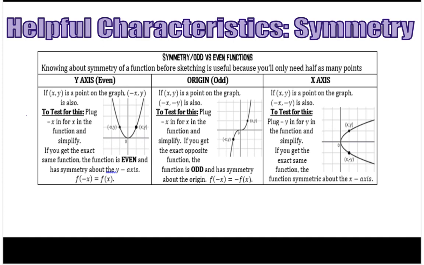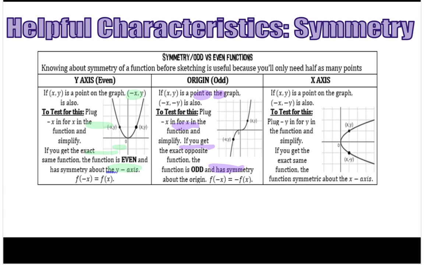So just as a reminder, in order to determine if a function is symmetric about the y-axis or an even function, what we do is we plug negative x in for x. And if we end up getting the exact same function, then we can say that our function is symmetric about the y-axis or it's even. If we run that same test plugging in negative x for x, but we get the exact opposite function, then we have a function that is odd, which is symmetric about the origin, as if you rotated it 180 degrees.